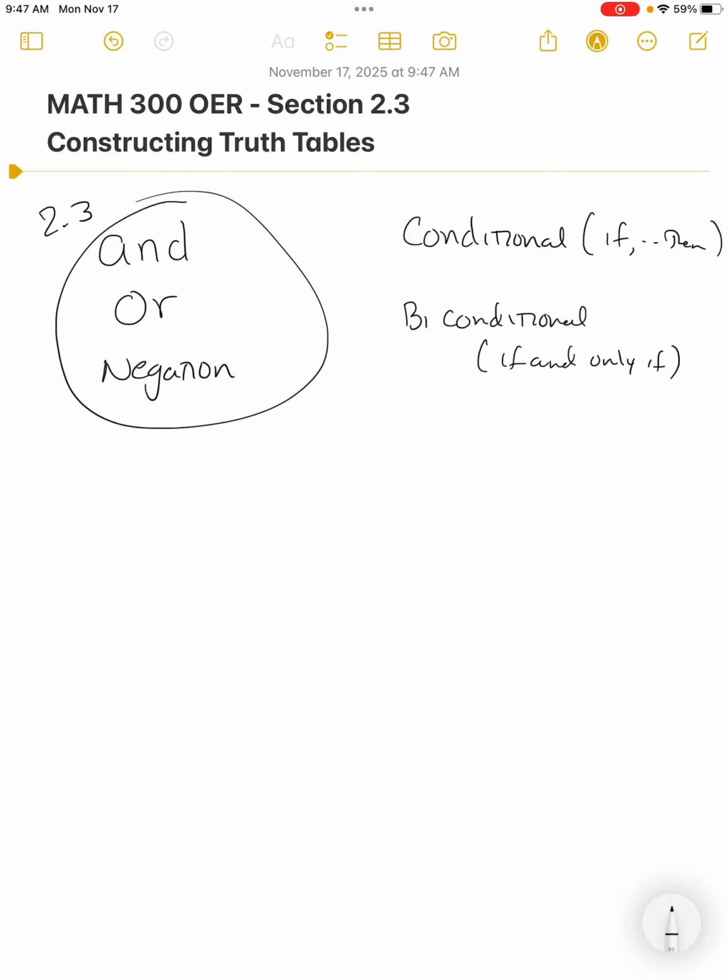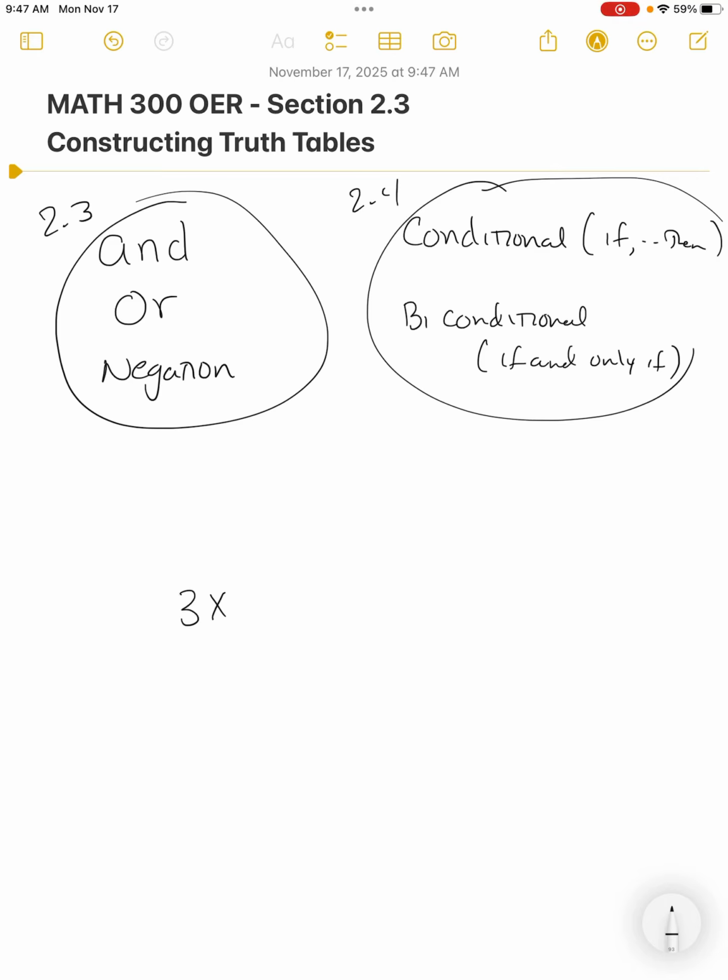Now, as we move forward, section 2.3 is going to handle these three truth tables: and, or, and the negation. And 2.4 is going to handle the conditional and biconditional and establish the truth tables, and then we just use them. So essentially what we're creating, for lack of a better way to say it, is a multiplication table.